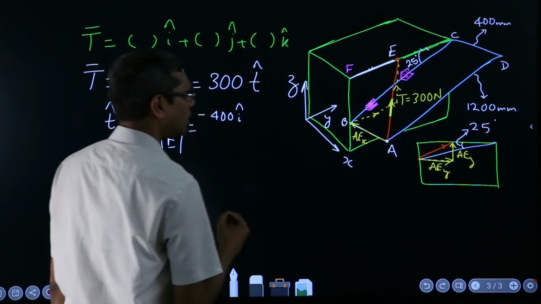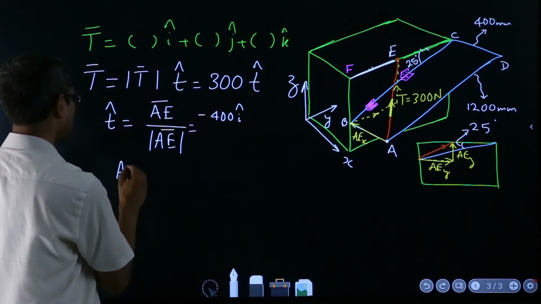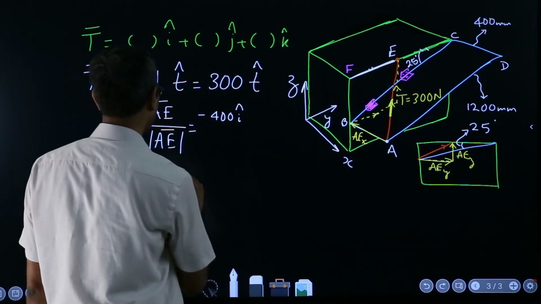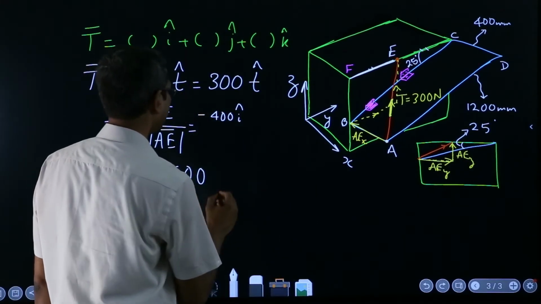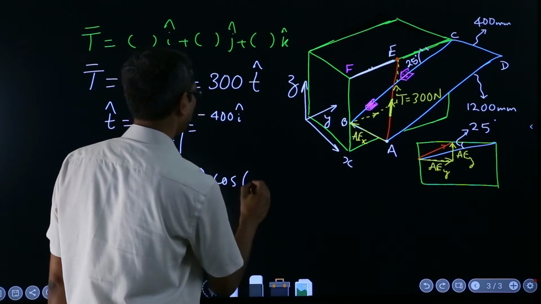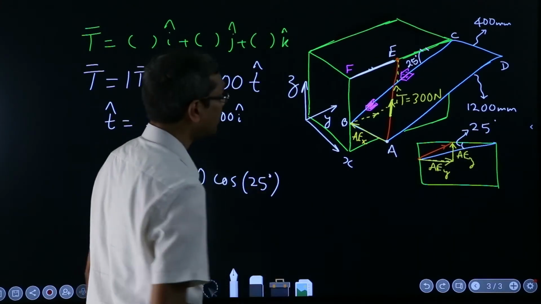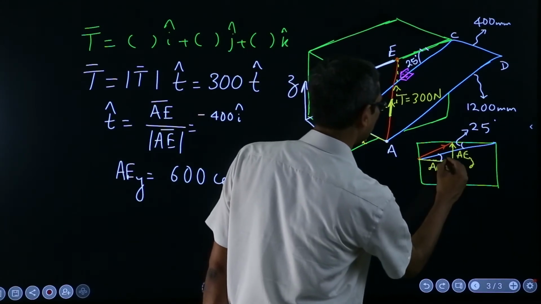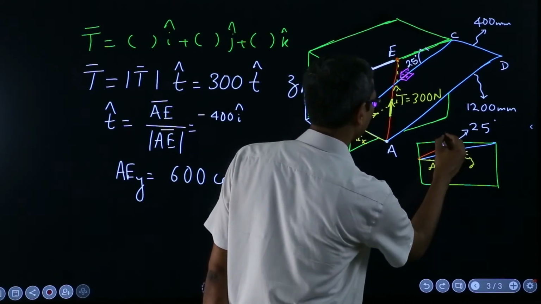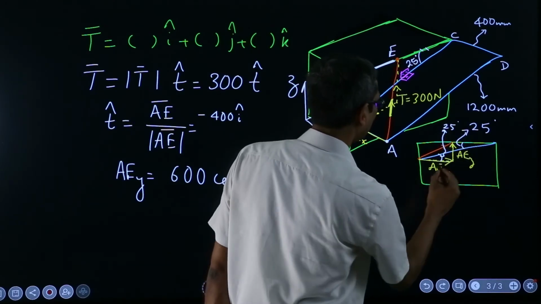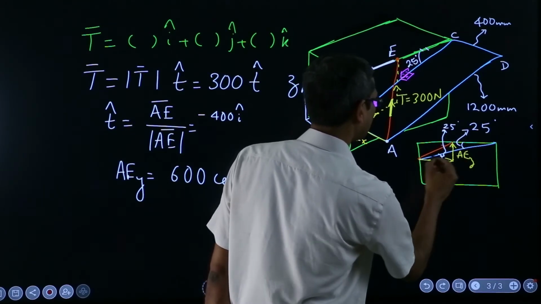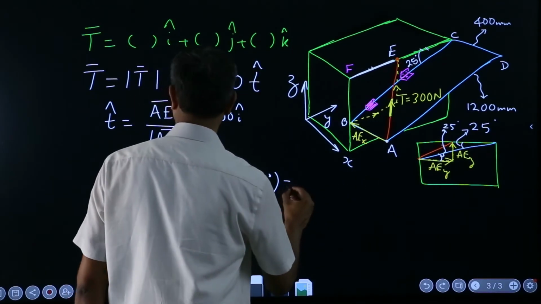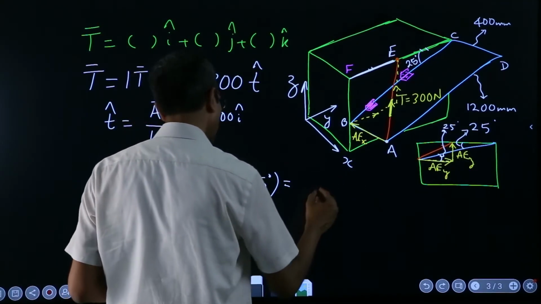Okay, so now let's say I am writing here that AE's y component will be 600 cosine of 25 degrees. This angle also is 25 degrees.